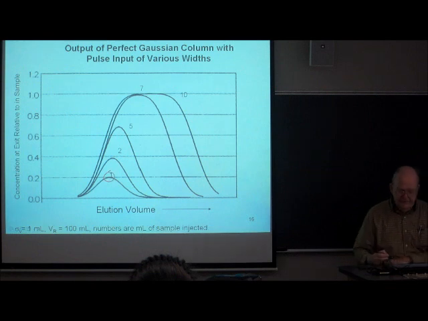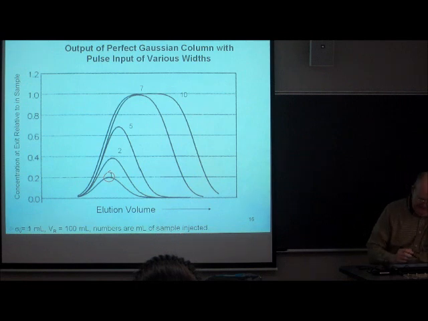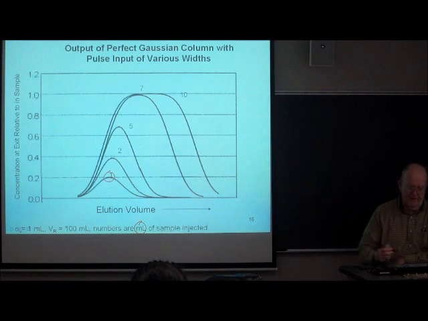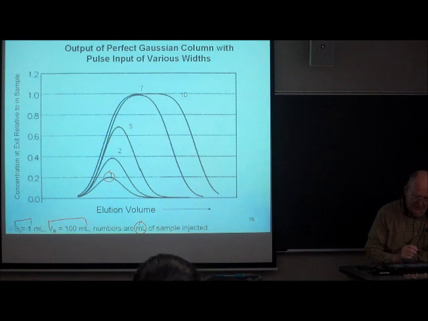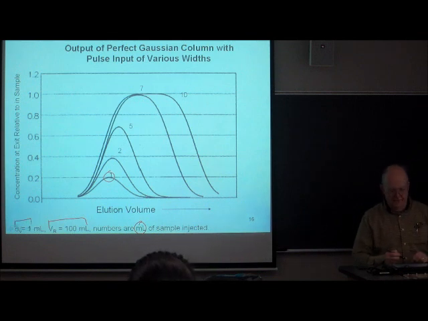So, in peak 1, which looks really Gaussian, what I'm doing is I'm injecting 1 unit of sample volume. The units of sample volume are in milliliters. And my Gaussian peak has a retention volume of 100 mLs, and the sigma of the column is 1 ml.